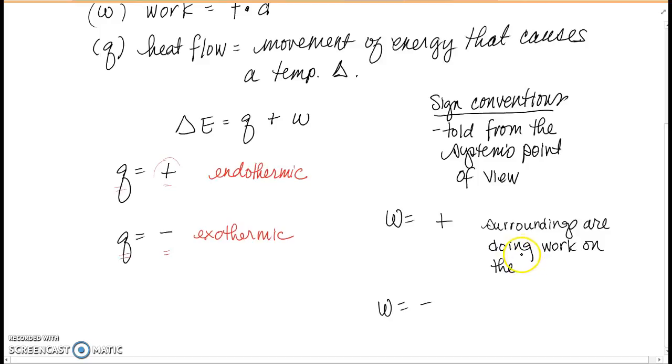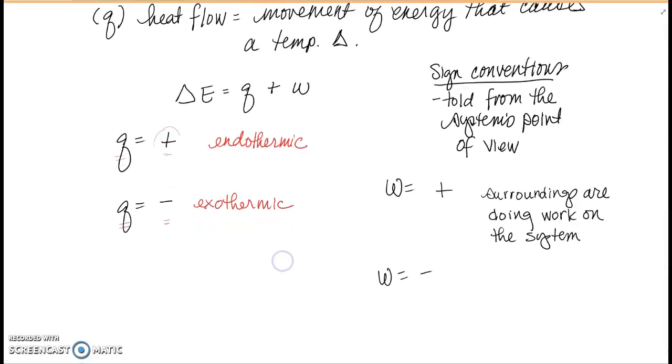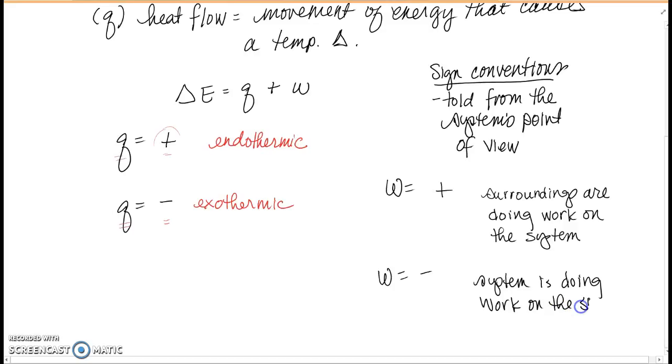That doesn't really make sense in that way, but that's sort of the idea. If work is negative, then the system's going to be losing work, so to speak. How is it going to do that? Then that means that the system is doing work on the surroundings. Great, so those are some of our sign conventions.